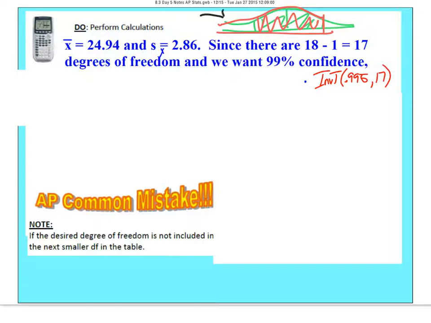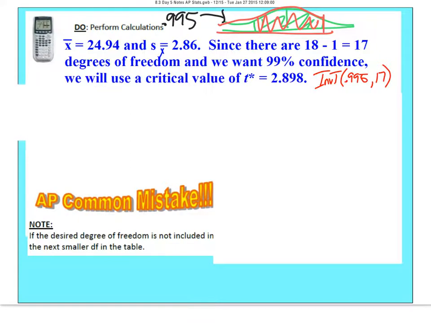So the total area we're looking for is 0.995. So I'm going to do an inverse t of 0.995 and put my degrees of freedom in there. Once I do that, I get that the critical value is 2.898, which means that's how many standard deviations I am from the mean.